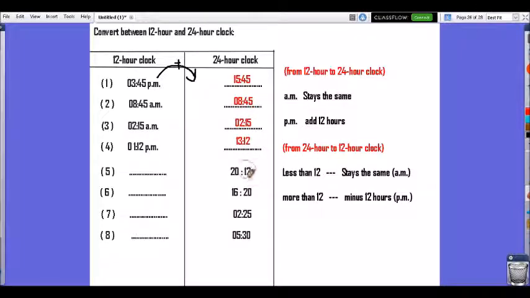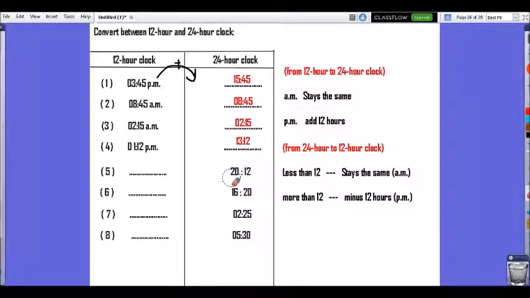All right, the last four questions are from the 24-hour clock to the 12-hour clock. If the number in the hours is less than 12, it stays the same, and we just put AM. If the number in the hours is more than 12, it means you need to take away 12, and you write PM.